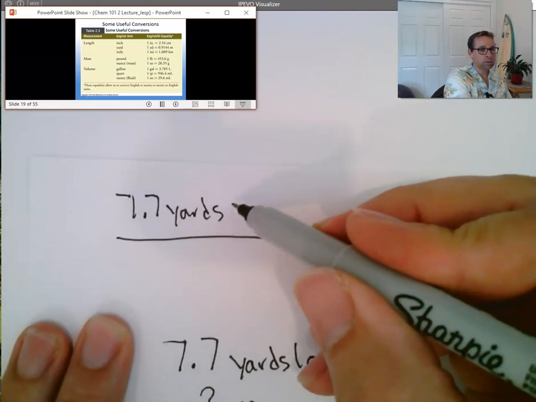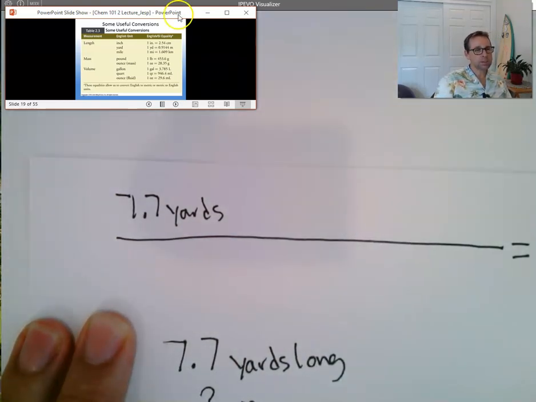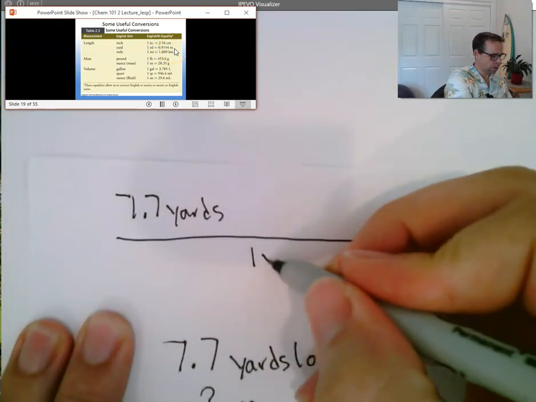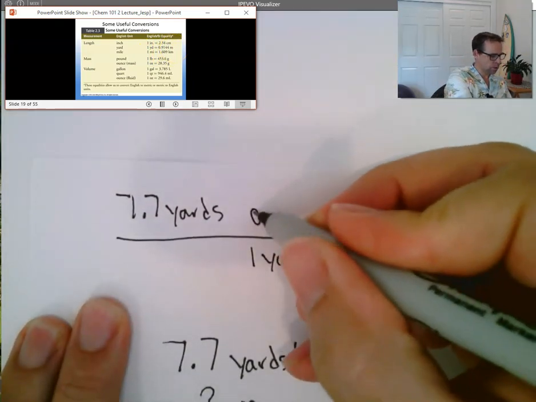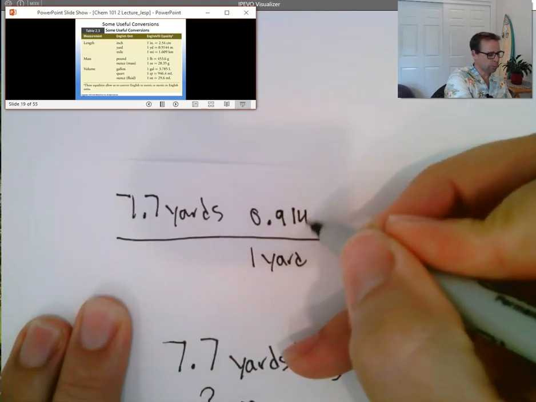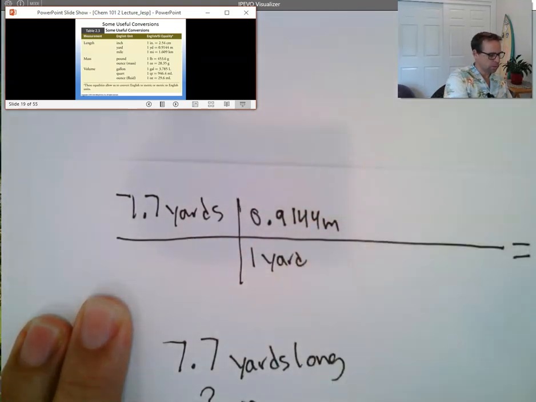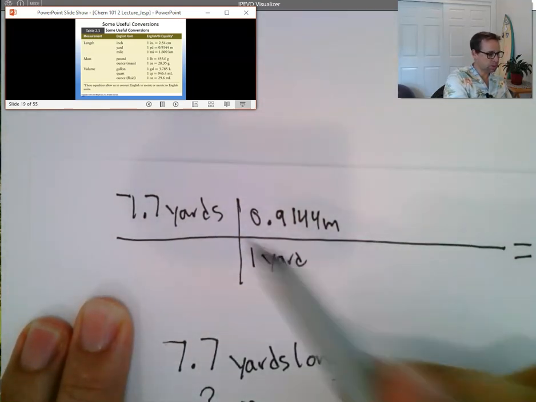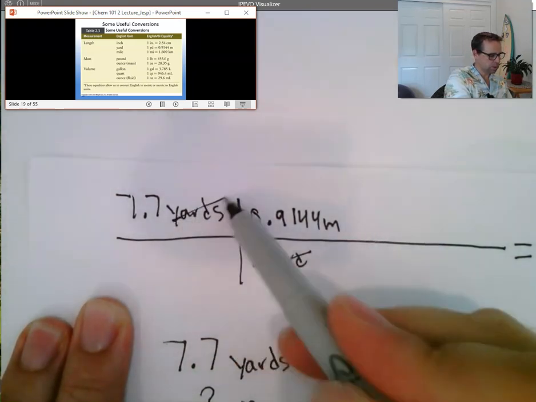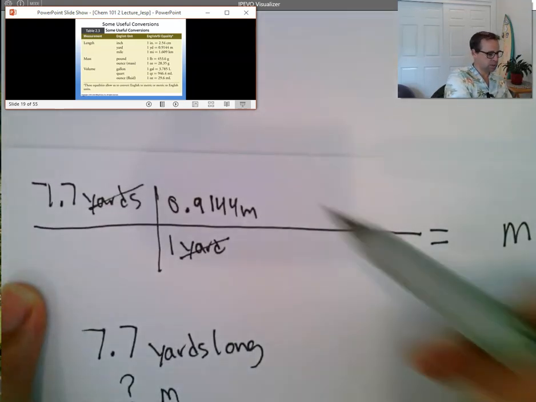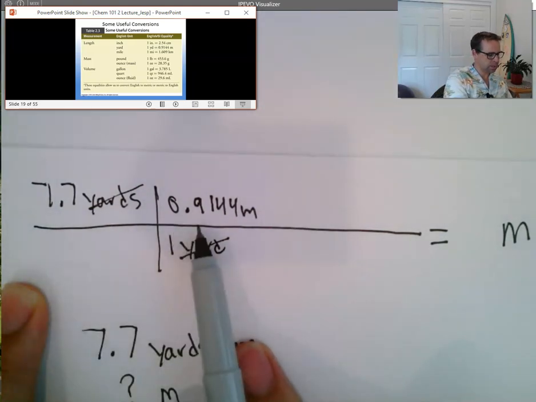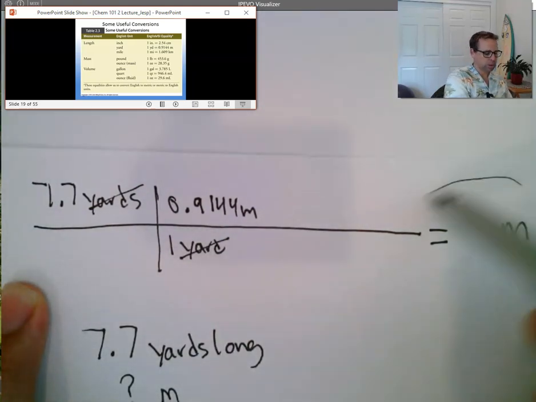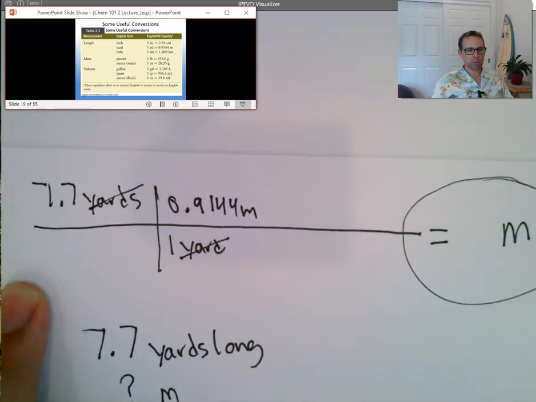So like this says up here, right? 1 yard is equal to 0.9144 meters. And that's right, because if you multiply how many meters there are per yard times yards, then the yards cancel out on the bottom, and your answer will be in meters. So yes, 7.7 times 0.9144 is the correct way to do that problem.